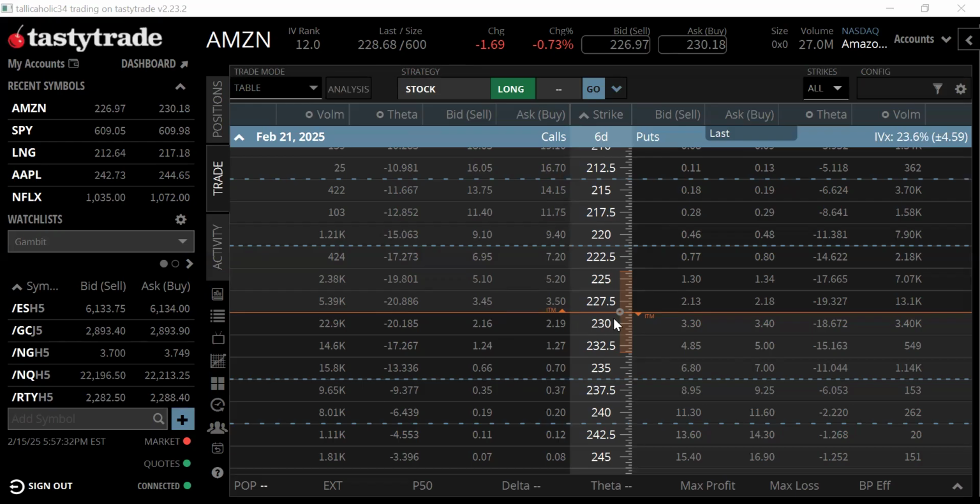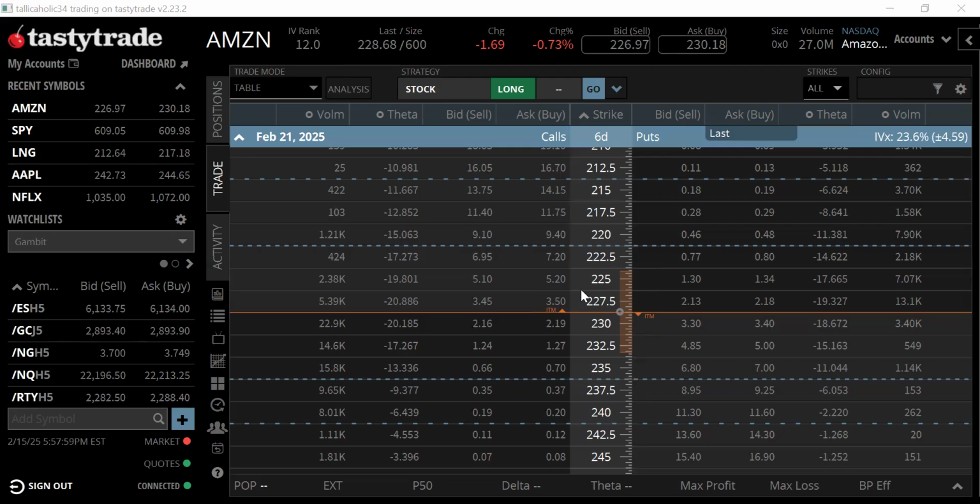Well, it's the difference between where the stock is trading and the strike price that we place. So let's just say we're trading at an even number here, 228 Amazon. Well, if I purchase a $225 strike call here for 5.25, at expiration, all things being equal, if Amazon stays at 228, I'm going to have $3 worth of intrinsic value in here.